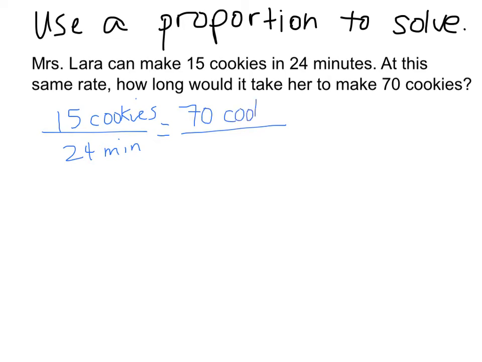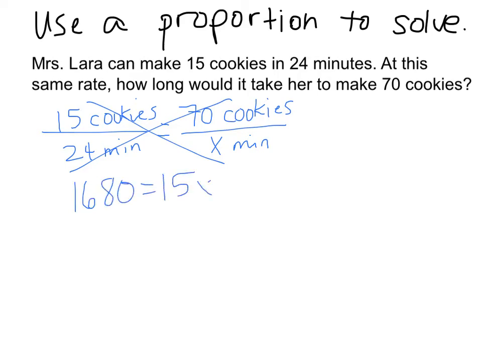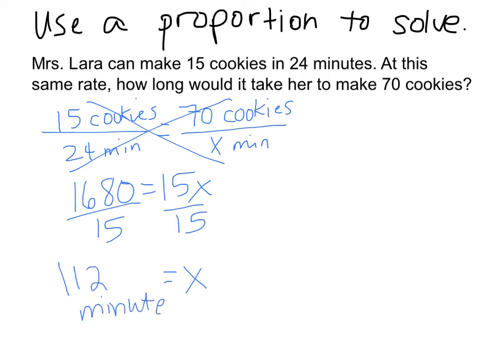So units on the top and bottom must match, and I'm looking for how many minutes. And then I cross multiply. So on my calculator, I do 70 times 24. I get 1680 equals 15x. I divide both sides by 15, and x equals 112 minutes.